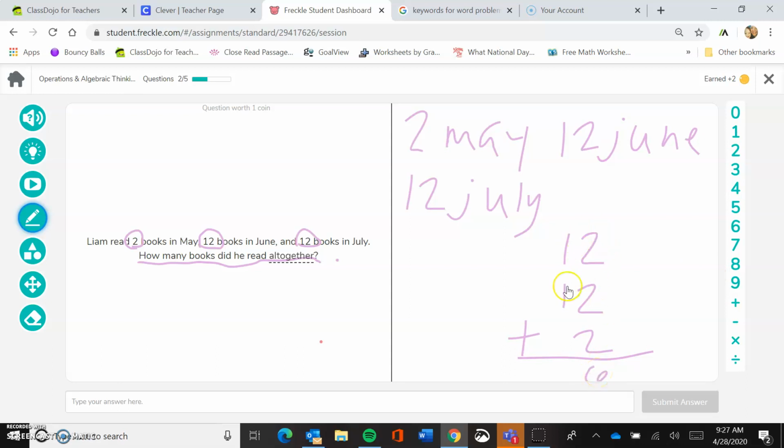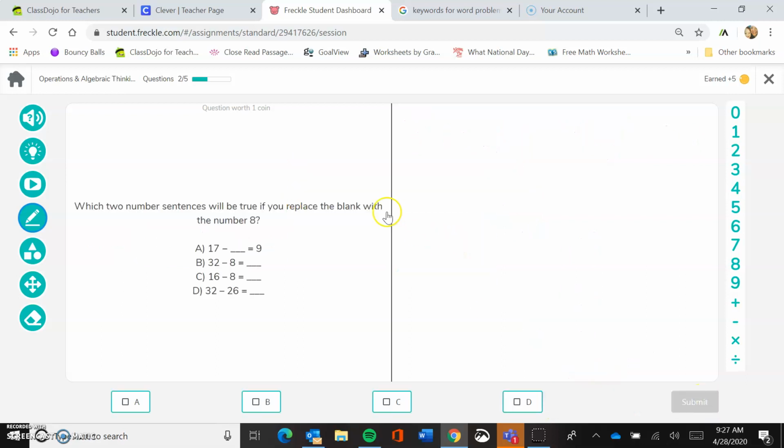And then 1 plus 1 is 2. So he should have read 26 books in all. So once you get your answer, you type it down here in the bottom blank and you submit it. So that one was pretty straightforward. And it says we got it correct. Good. Let's take a look at this one.